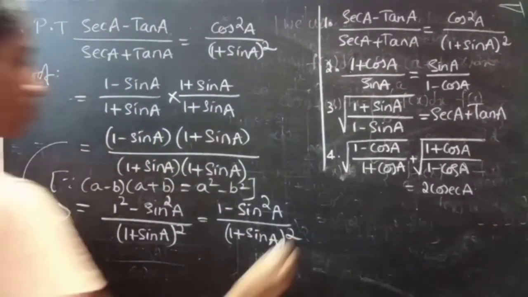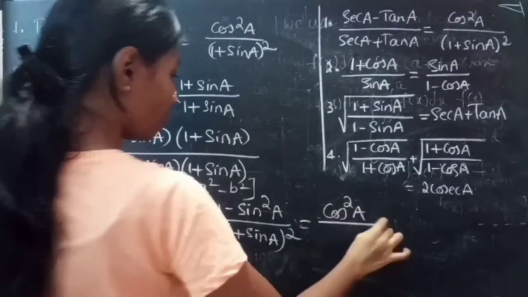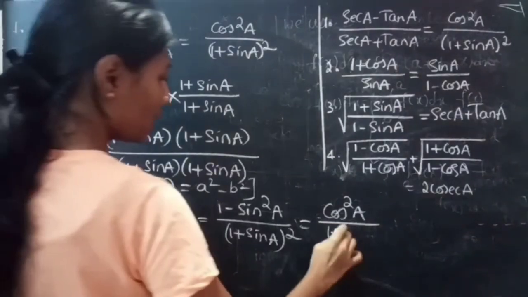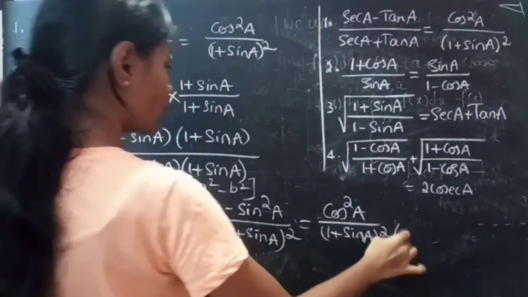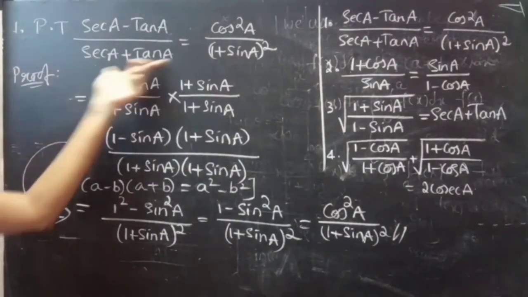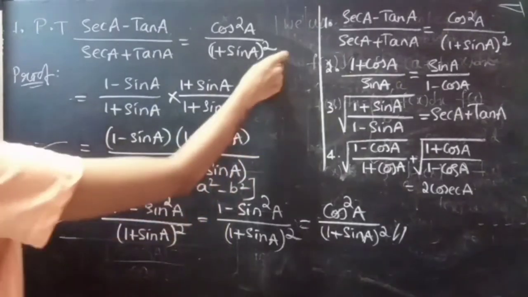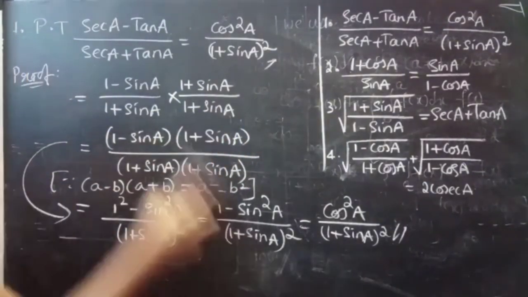So now we are going to replace 1 minus sin square theta by cos square theta. So this equals cos square A by (1 plus sin A) whole square. So you got the RHS. So this completes the proof.